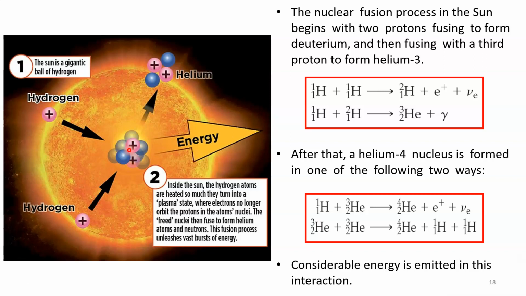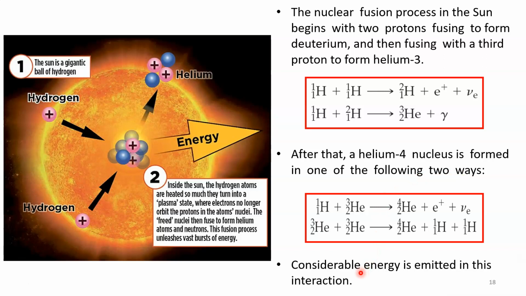The nuclear fusion process in the sun begins with two protons fusing to form deuterium, and then fusing with a third proton to form helium-3. This is the equation: helium-3 plus helium-3 will produce helium-4, and a helium-4 nucleus is formed in one of the following two ways.